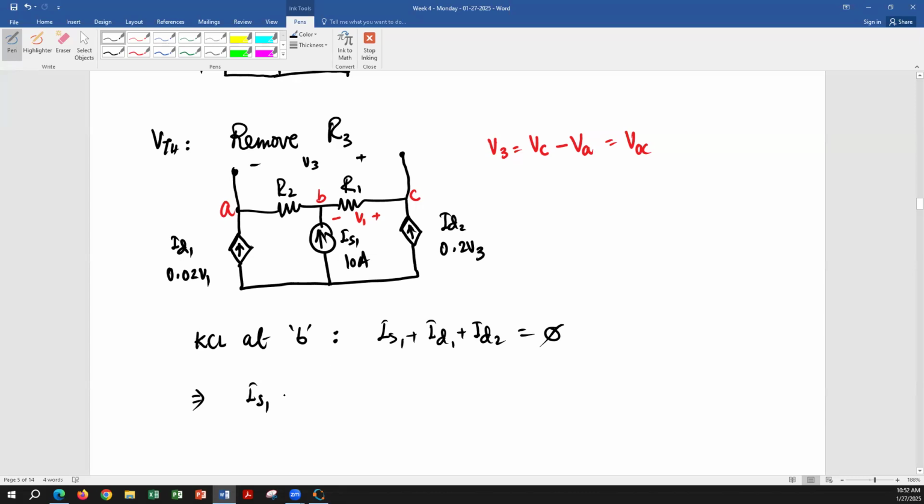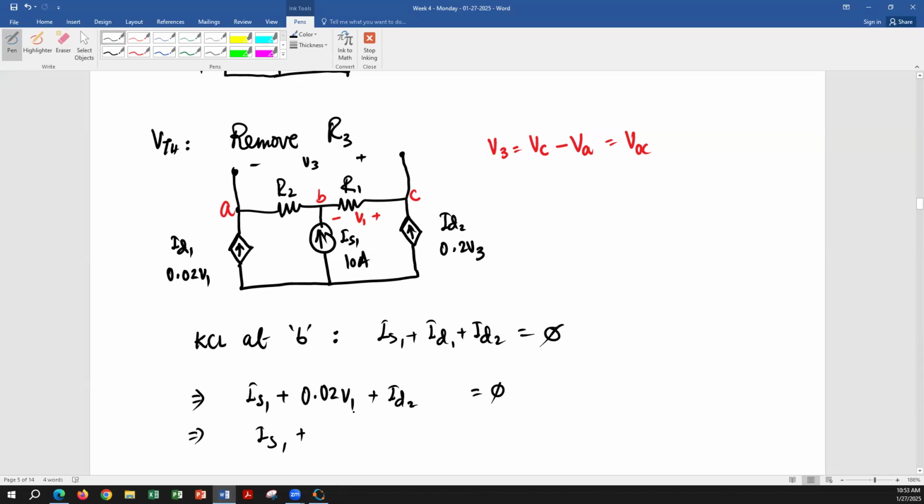IS1 plus 0.02 V1 plus ID2, which is 0.2 V3, equals 0. Actually, we can keep ID2. We don't have to put that. Let's try this. I think this may work. We write everything in terms of ID2.